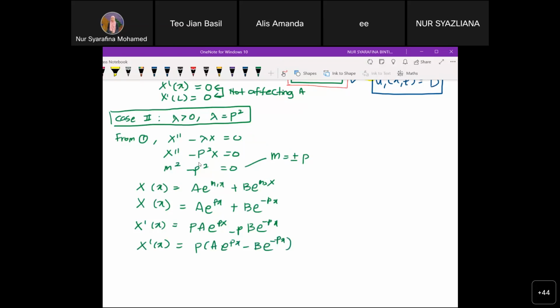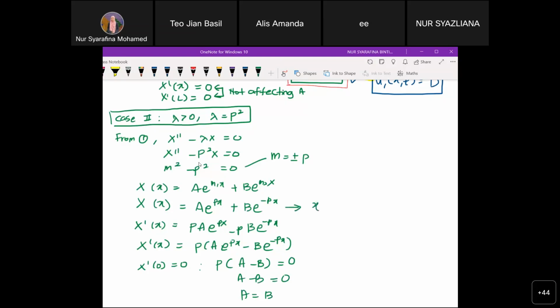The first condition is x prime 0 equals to 0, right? So substitute x equals 0: p(A minus B) equals to 0. Then A minus B equals to 0, eliminating p here, A equals to B. So now when A equals to B, just substitute here.